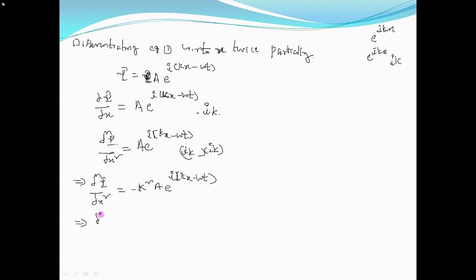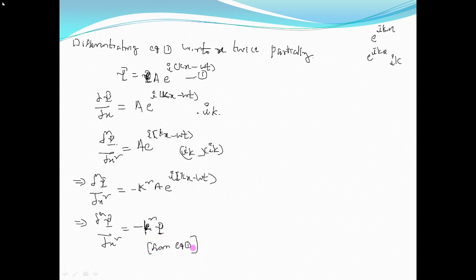So, dou square psi by dou x square is equal to minus k square. What is a e power i(kx minus omega t)? It is nothing but psi from equation 1. So, I can write it as psi. This is from equation 1.